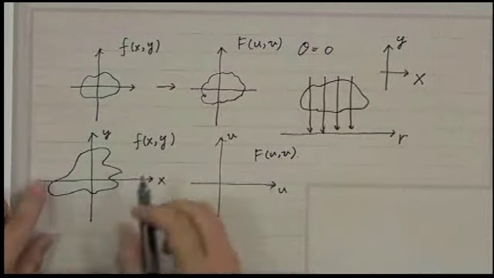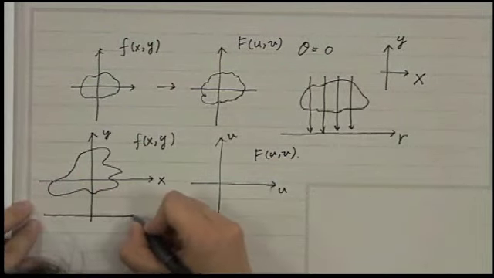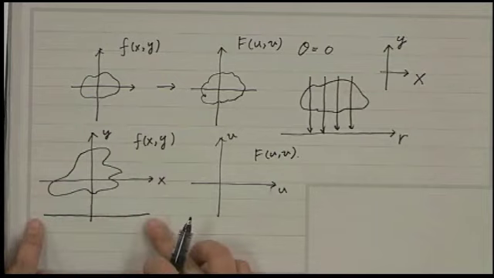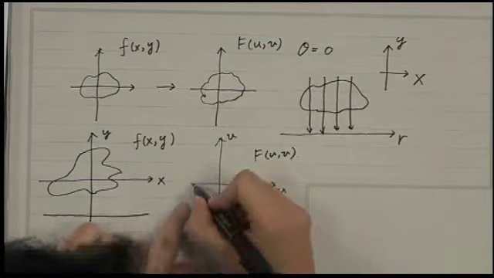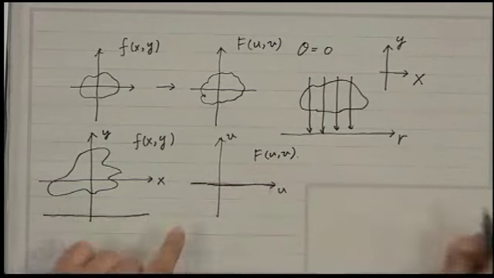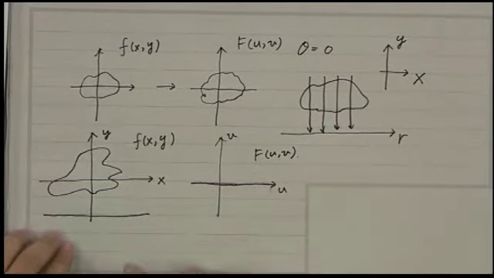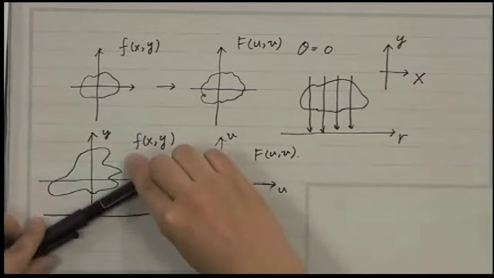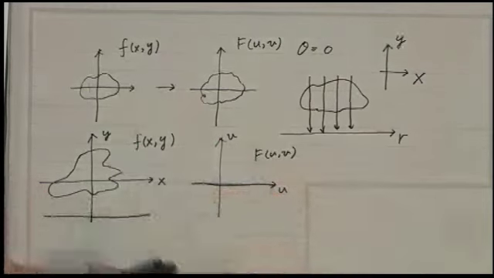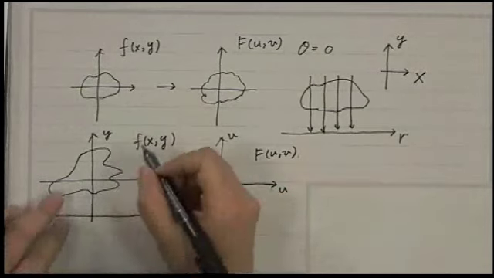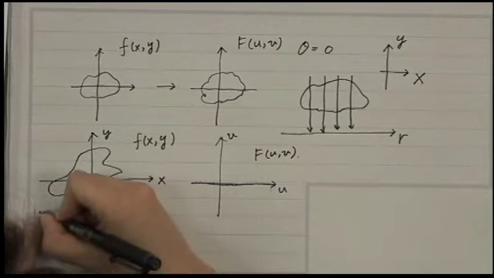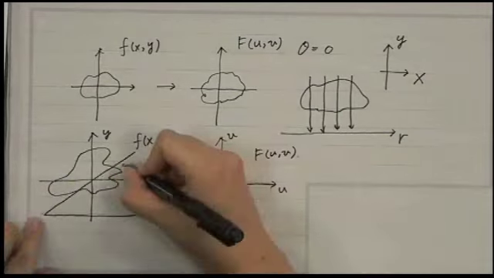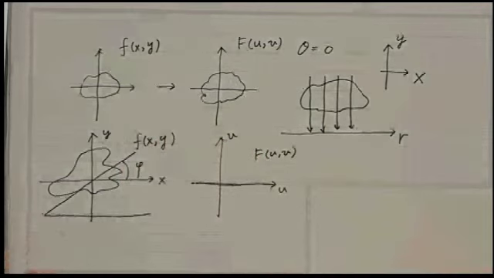And we already know if we take a projection onto this line and then take the Fourier transform, this value on this line matches this line on F(u,v). And what I want to know is, what if we change the theta? For example, we want to take a projection onto, okay, this line, let's say phi.